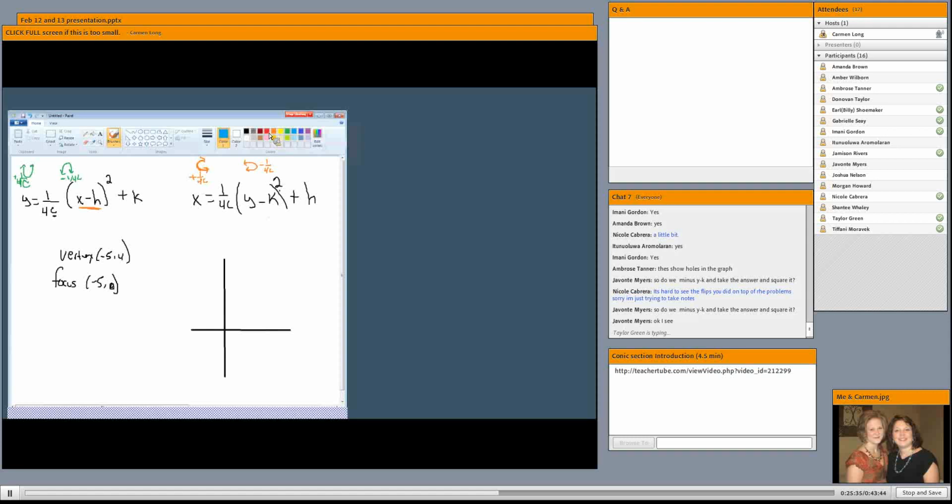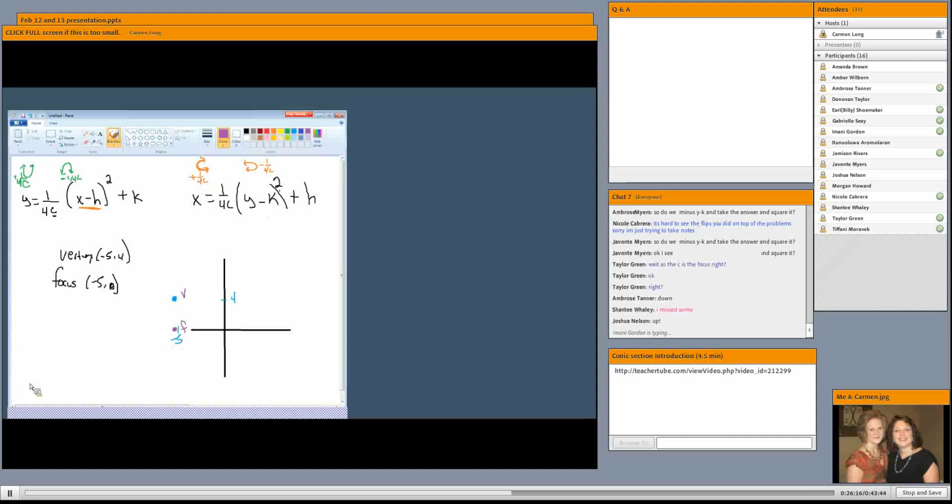Everybody's typing. See who types fastest. Well, if it goes up, is the focus in the right spot? Mm-mm. If it goes to the right, is the focus in the right spot? Mm-mm.